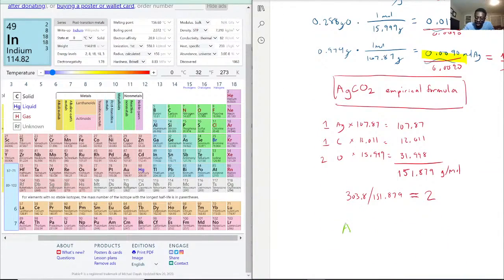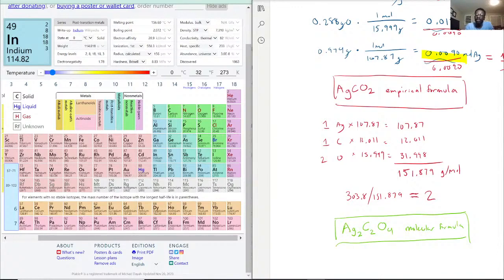Because this is our molecular formula, you add them as subscripts. So Ag2C2O4. This right here is our molecular formula. So the empirical formula is AgCO2, and the molecular formula is double of it.